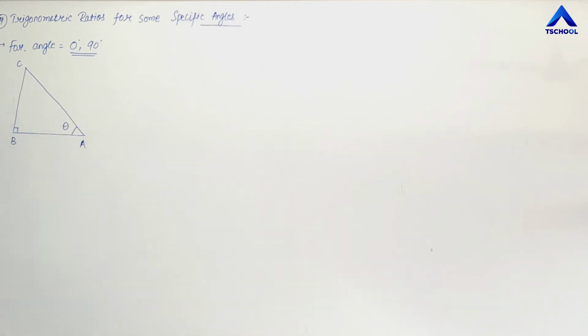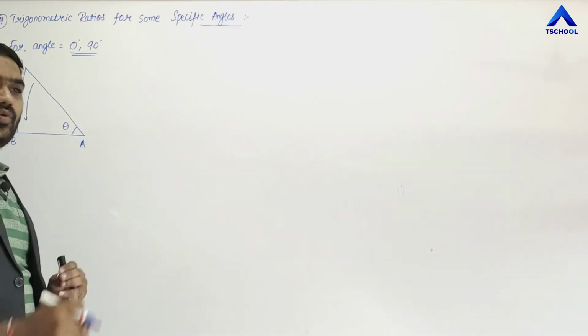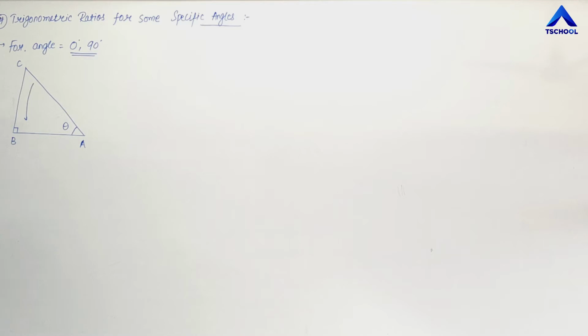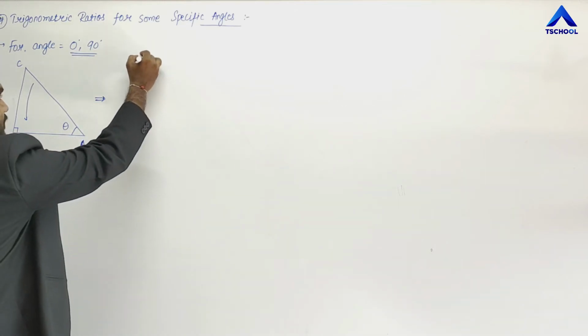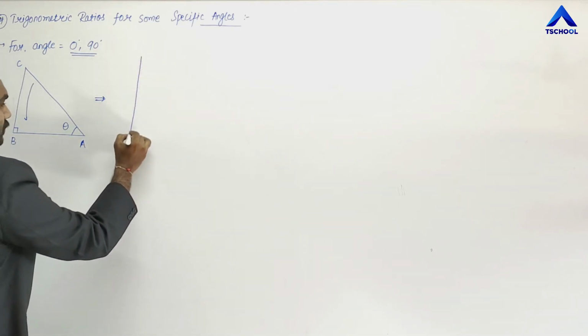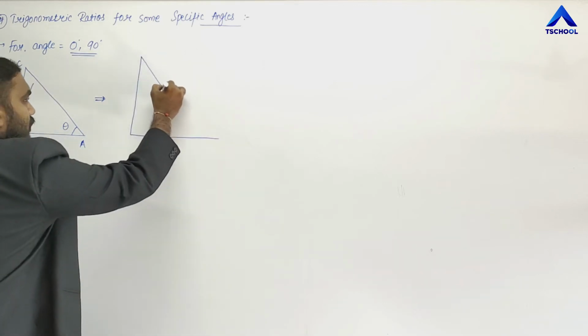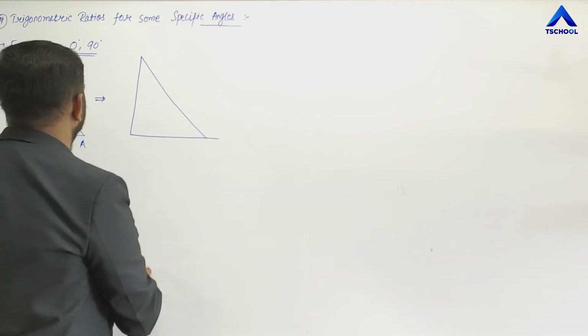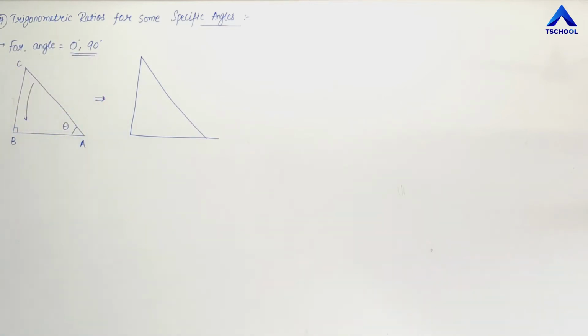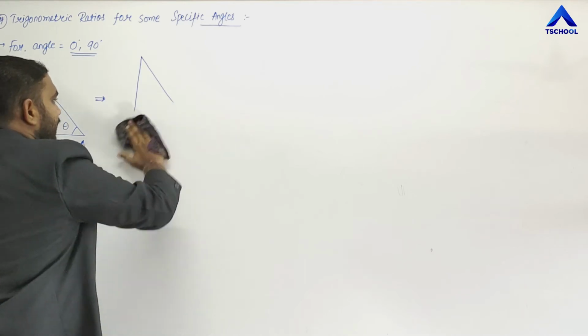So for theta equals to 0, what happens? This side AC will come down here to AB. That means AC will overlap AB. Hence the condition becomes like, if I say that this is 0, then what happens is, let me draw it again.